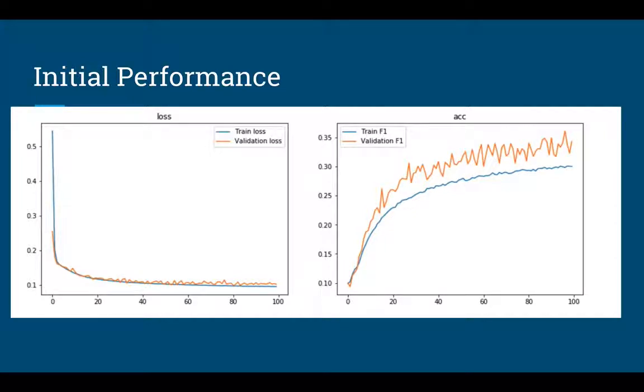So here's the initial performance of the result. We graph it after 100 epochs. The x-axis is the number of epochs, and the y-axis is the performance in accuracies and precision.